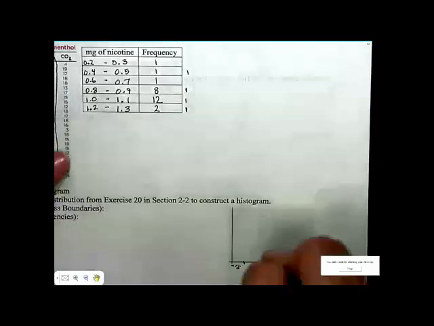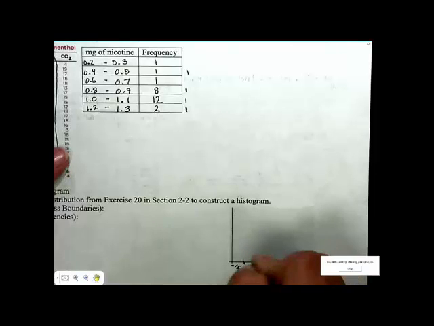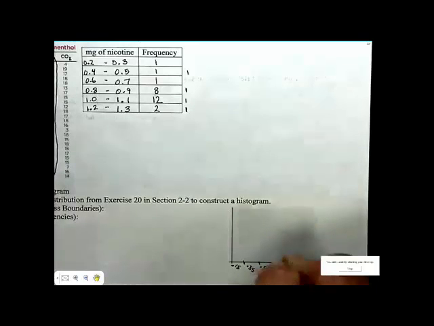So just count by 0.2s. 0.35, 0.55, 0.75, 0.95, 1.15, and the right boundary was 1.35.